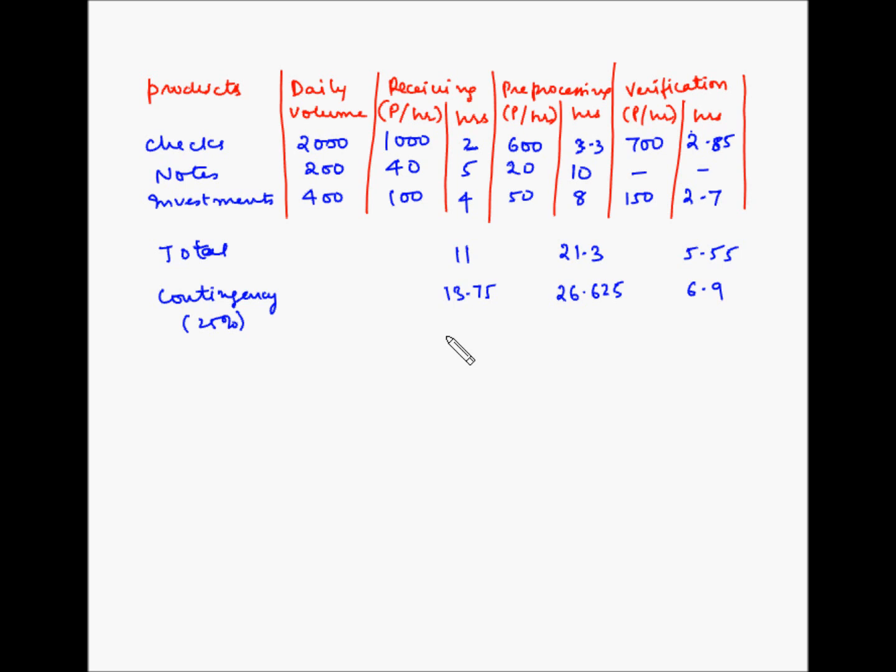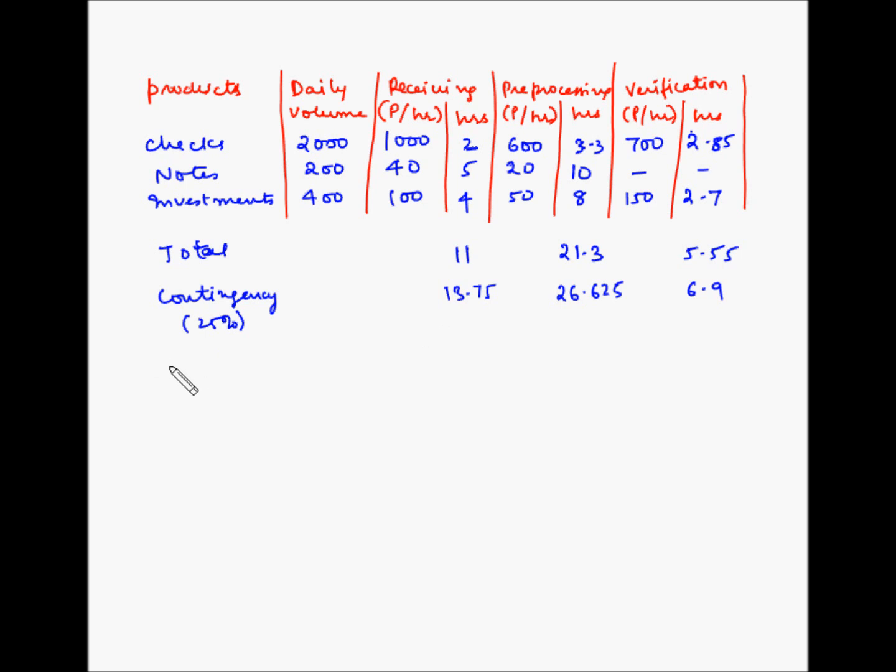But the main objective is to find the total number of workers required. Now each worker works for 8 hours a day, and in a day we need 13.75 hours worth of work. So if we have to find out the total number of workers, we have to divide 13.75 by 8, and that will give us the number of workers required for receiving.